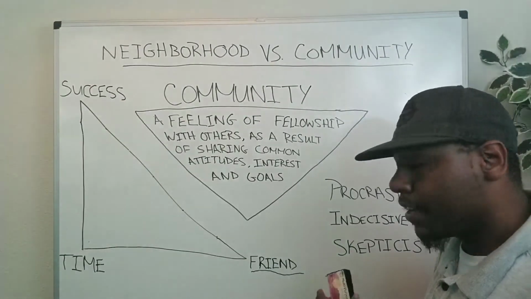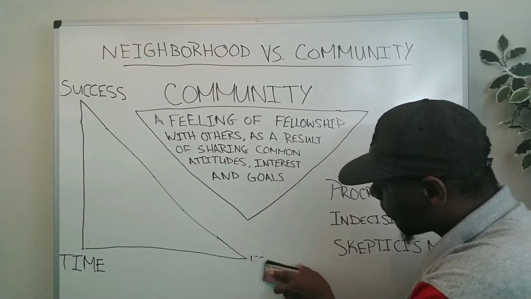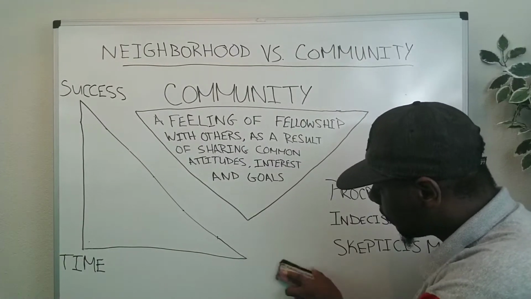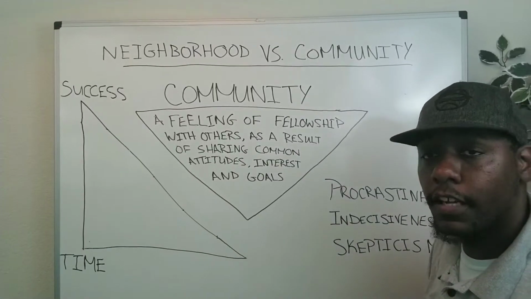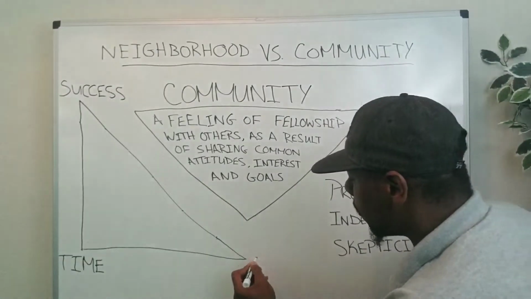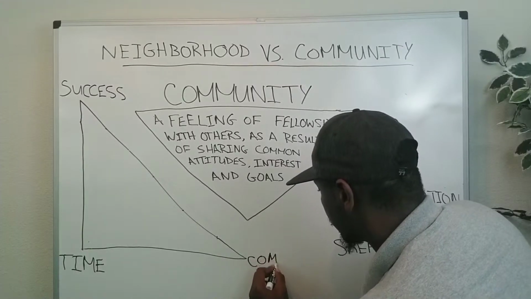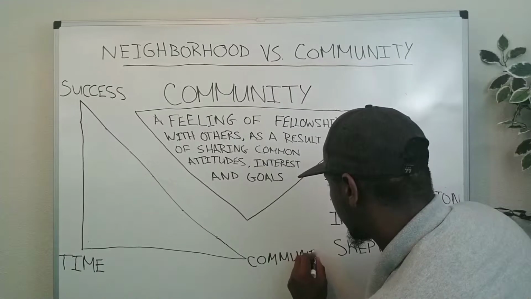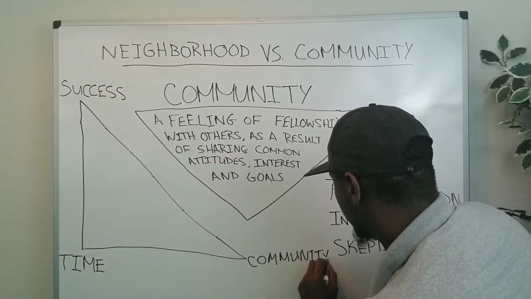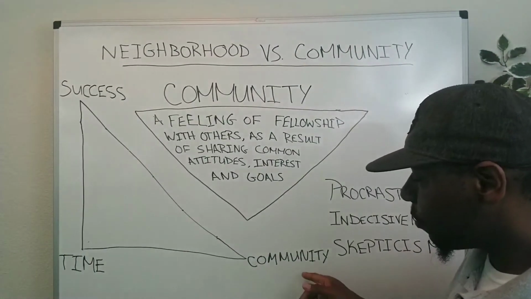So when I have friend there, what I really should have also, I'm going to erase friend. We're going to replace that word. I should have replaced it already, but with community. And I am left-handed, you guys. So I got community there.